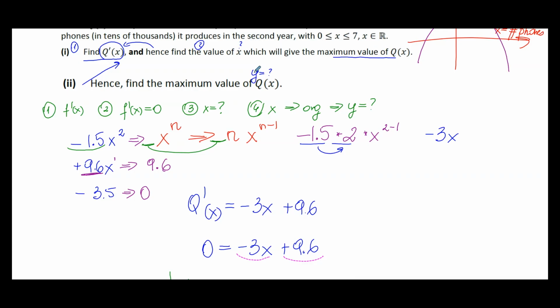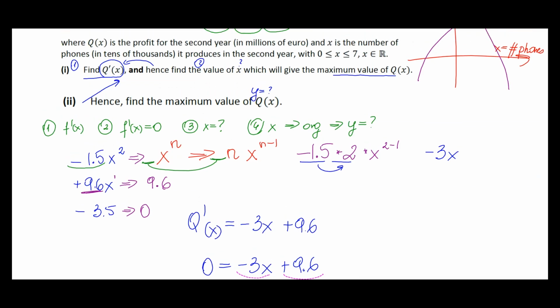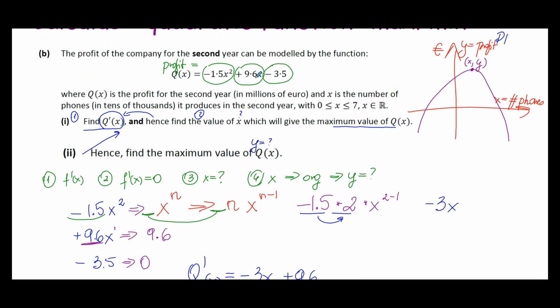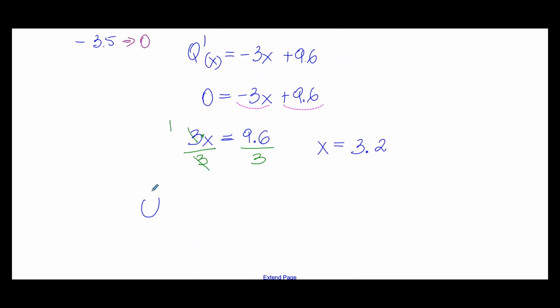We did find the x. Now we are going to the next one, finding the y. So we take our x that we found back to the original function. What is the original? This one here. We're going to replace x with this value and therefore find the value of y. So let's do that. We are looking for the value of this function q when x is 3.2.